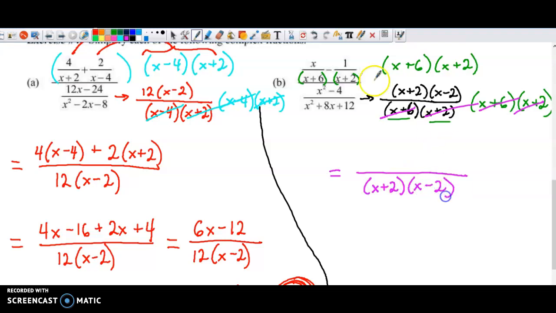But as you distribute on top, it's this entire quantity I have to distribute in here, so the x plus 6 cancels, but I have this x to distribute to x plus 2. And then minus that 1, the x plus 2's cancel, I have to distribute 1 to x plus 6.